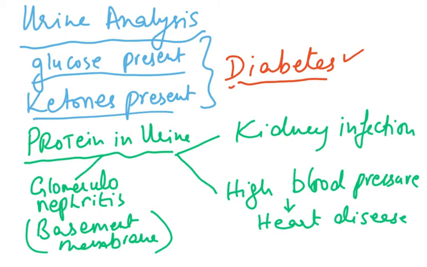So if a person is losing protein in the urine, then there are going to be problems. So number one, the person could be having something wrong with the basement membrane being damaged, or the person has some kidney infection, or in certain cases in high blood pressure, which of course results in heart disease, the person would have some protein in the urine.